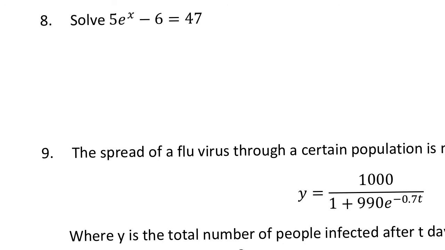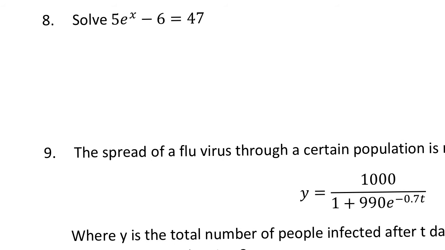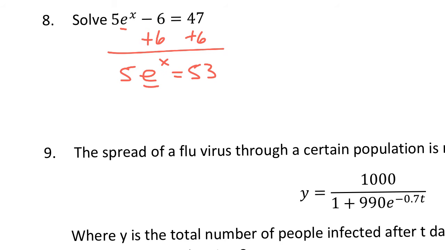Number 8, let's get the exponential portion alone. So our goal is to get this by itself. And what I'll do there is I'll add 6. 5e to the x equals 53. I still want e to the x alone, so I'm going to divide by 5.